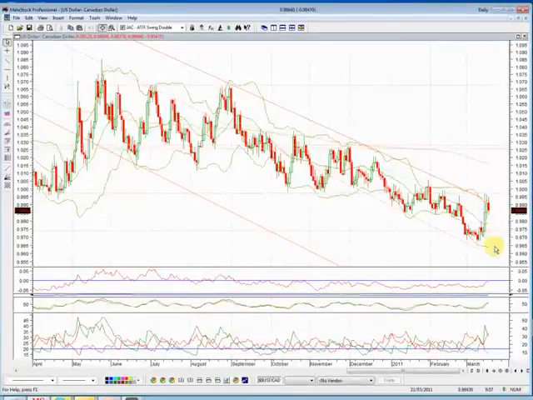So the US dollar is going down against the Canadian dollar, and my expectation is that it's probably going to move down for a while, and the seasonality calls for strength in the Canadian dollar.